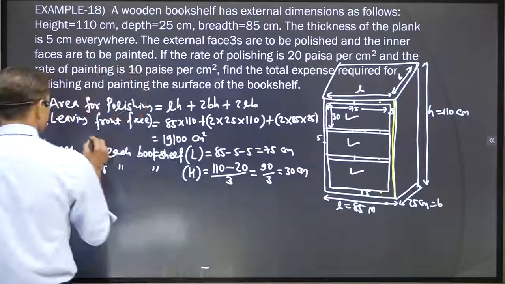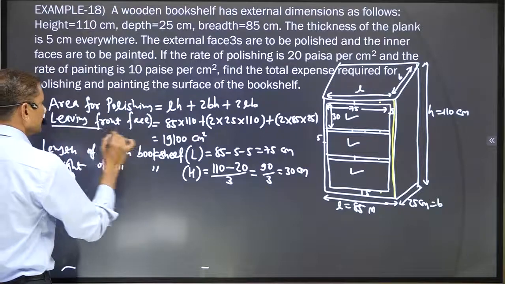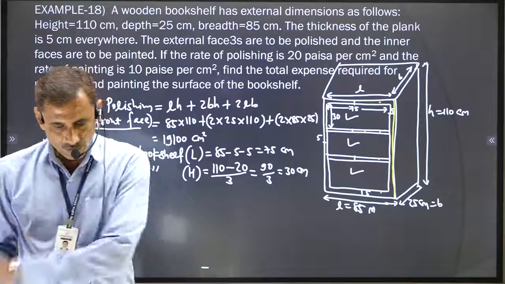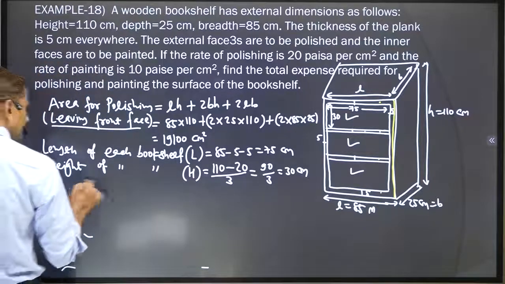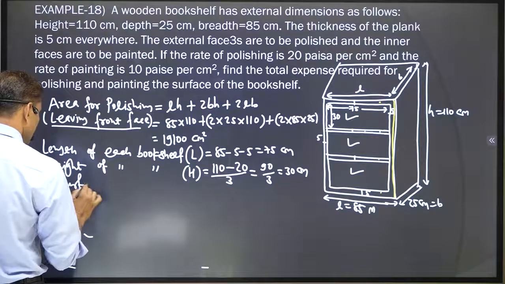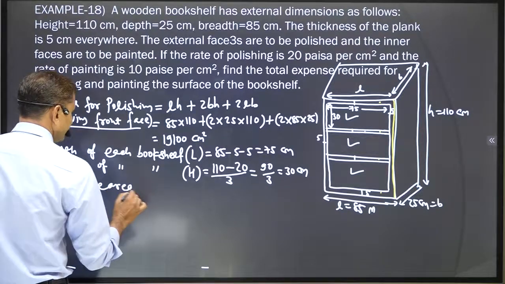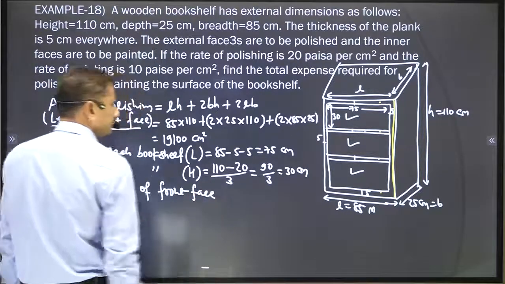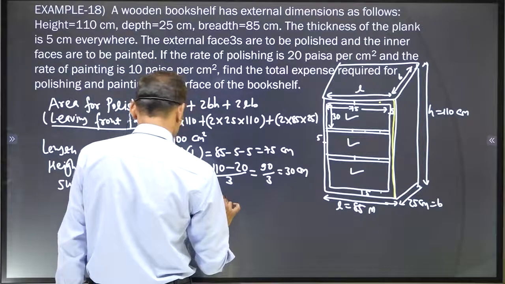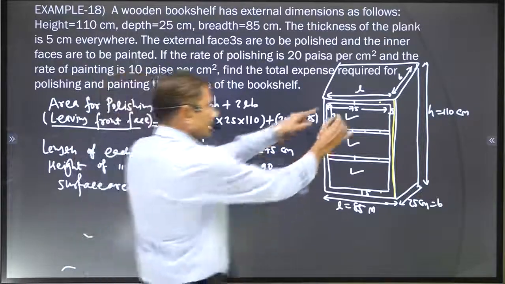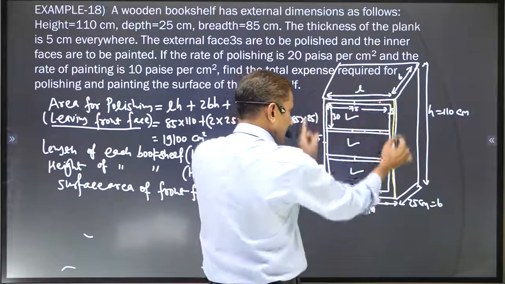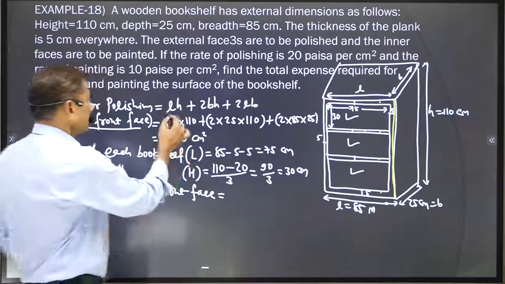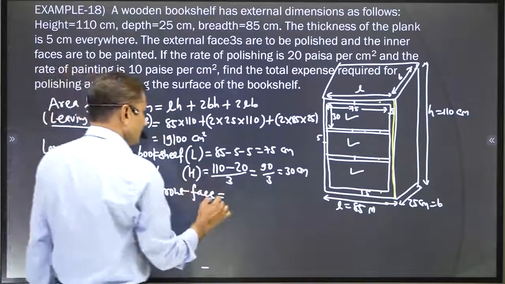Now I have to find whatever we left initially. So that part I have to find. That is called the front face. Surface area of front face is equal to how much? First we should find everything. Everything means what? Height into L. Because we took L into B once for the back side. Now we are taking the front side also.